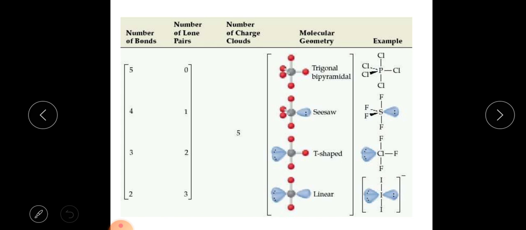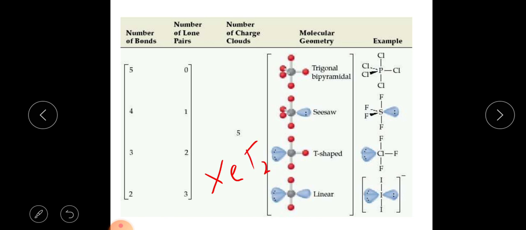In ClF3, 2 of the equatorial positions become lone pairs. When 2 become lone pairs, the remaining shape is T shape. Then another example: 2 bond pairs and 3 lone pairs, then it is linear. The 3 equatorial positions have lone pairs, and bond pairs are only in the 2 axial positions. That's why the geometry is called linear. An example for this case is XeF2.